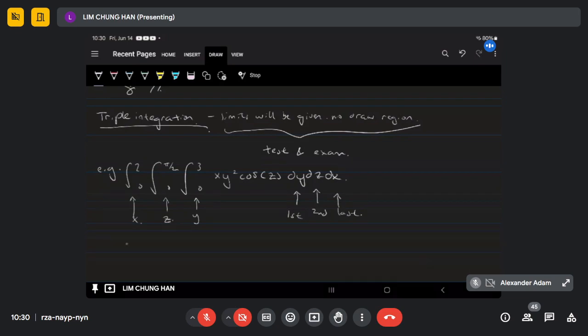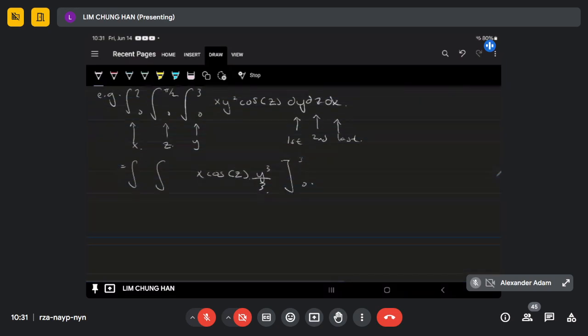So now let's start integrating. First, we integrate against y. x is a constant. z is also a constant. We just integrate y squared. What do you get? y cubed over 3, right? Then 3 and 0. Then you substitute into y.